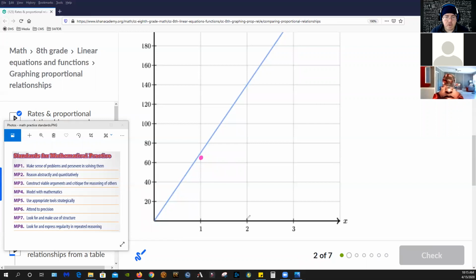Yeah, that's the same ratio. So I can just multiply. So 62 times 2 would be 124. It's 124 somewhere in here. And 3 times 62 is 186. Something like that. So it's close.